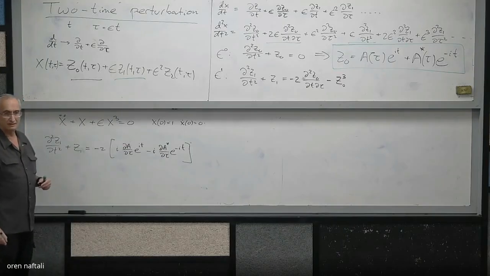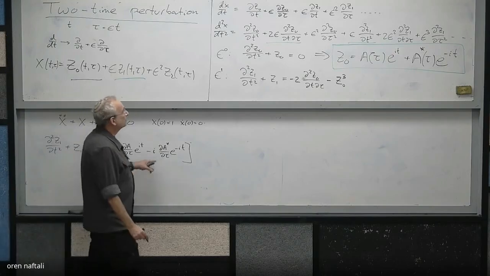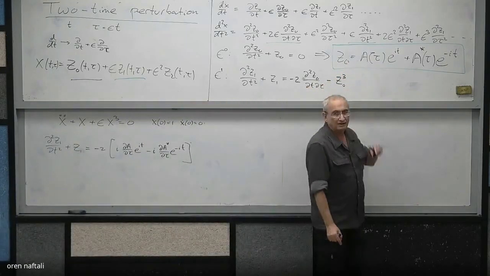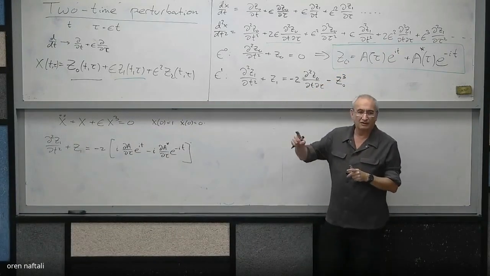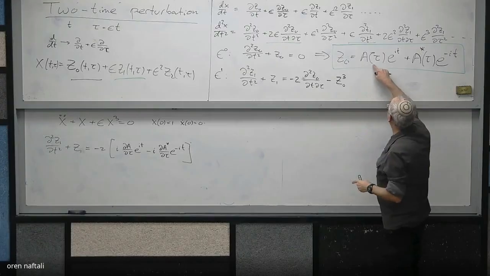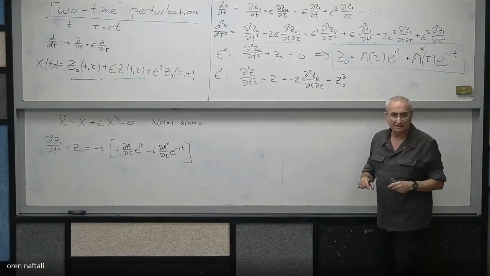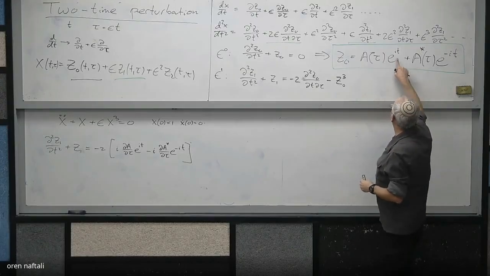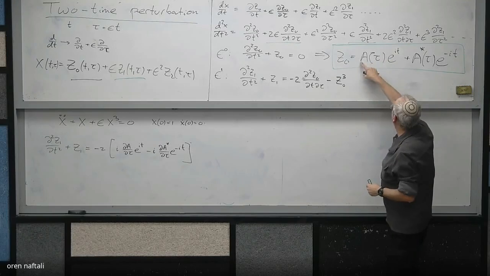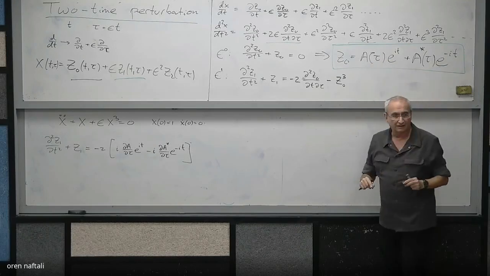Make sure that you understand it, right? I took the derivative of this second derivative, one with respect to tau, that gives me the derivative of A, and one with respect to t that gives me i here and minus i here.